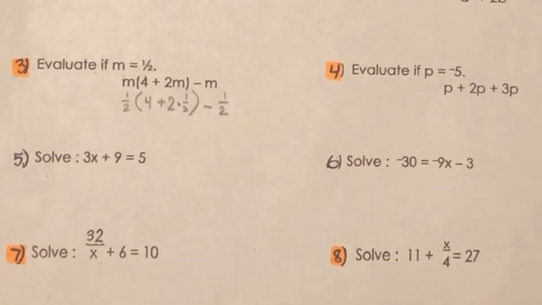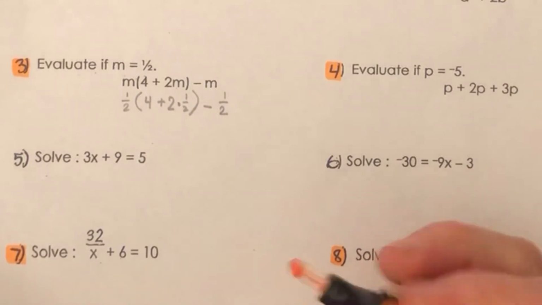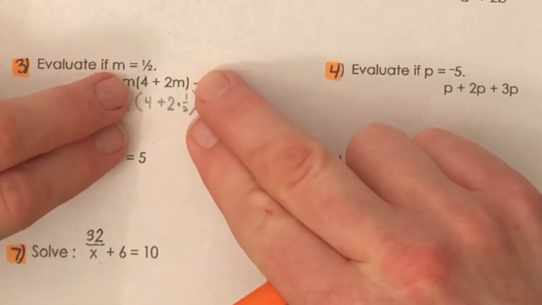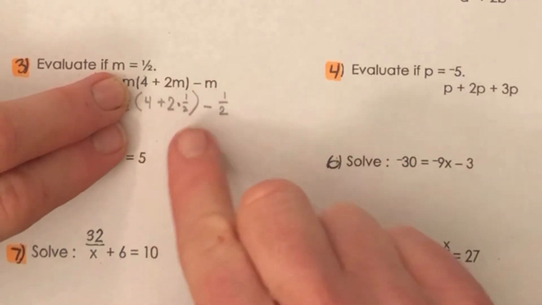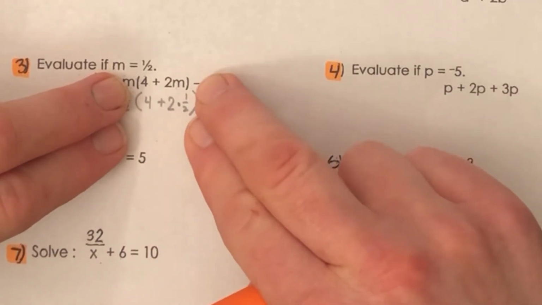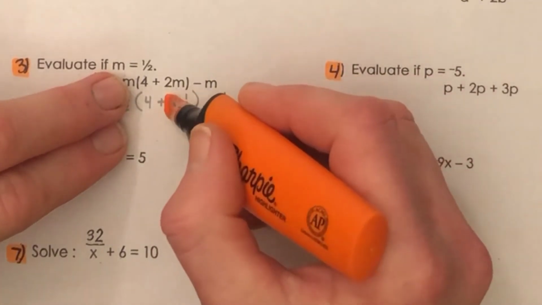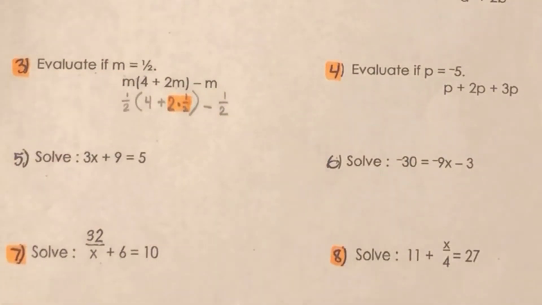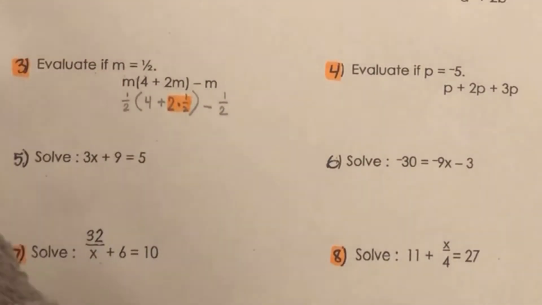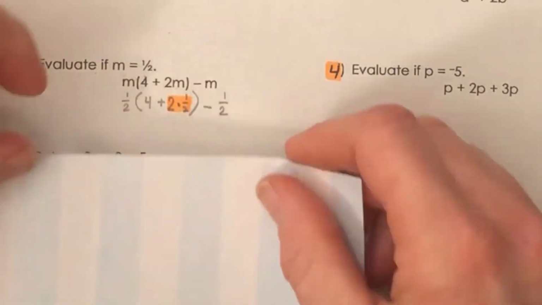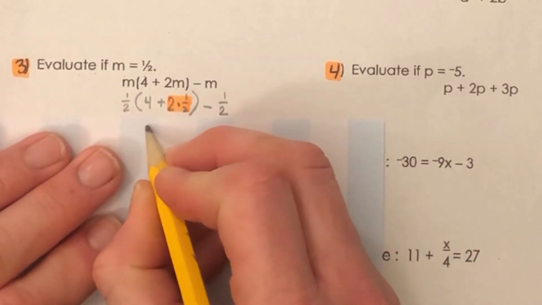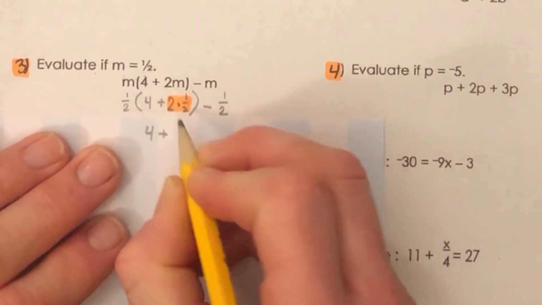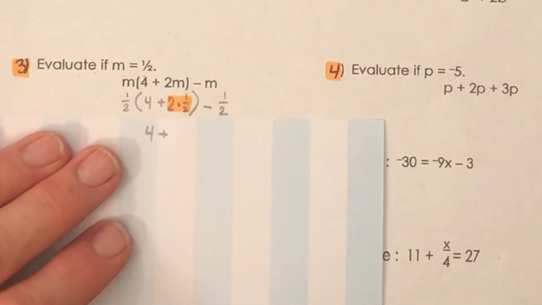The first step that I will do, because I've got to do grouping first, I'll do inside the parentheses. I've got 2 operations, I've got plus and I've got times. So I will do times first. In fact, I'm going to take what's inside the parentheses and just do that by itself. So that gives me 4 plus, so what's 2 times 1/2?